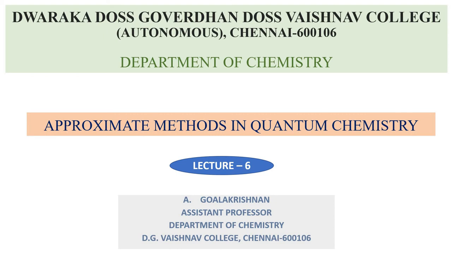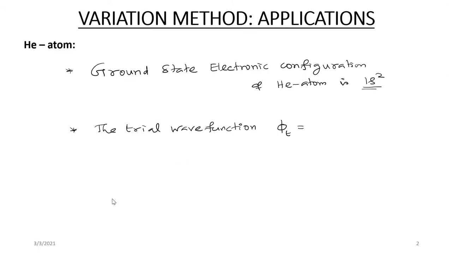In this lecture I am going to discuss one more application of the variation method, in a system where we have more than one electron. I am going to take the helium atom as an example and apply the variation method to it. Let's get into the topic.